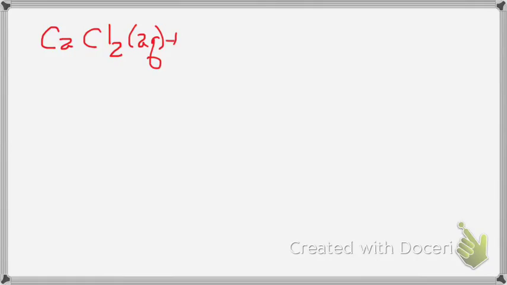Plus sodium carbonate. Now, sodium has a +1 charge, but carbonate has a 2-, so it takes 2 sodiums for 1 carbonate. And it too is aqueous. I'm going to do my reaction symbol down here just because I'm running out of room.